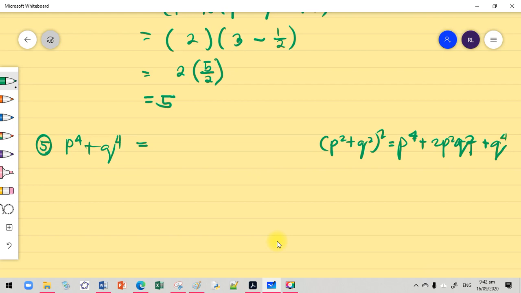Okay, so we can rewrite this again. In order for this to be equal to p raised to 4 plus q raised to 4, we need to subtract, the same with what we did with the p square plus q square a while ago, 2p square q square from both sides.